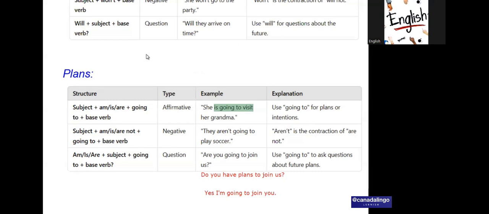And one thing I'm going to teach you right now is, imagine, for example, let me make a sentence. It is expensive. How can I make the future tense for this? It will is expensive?